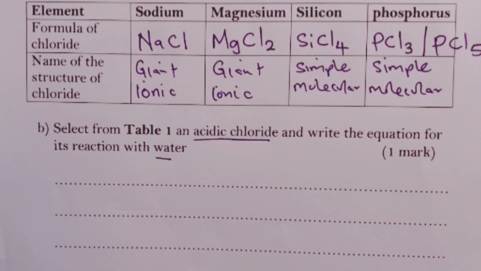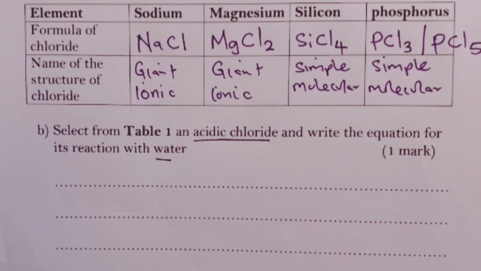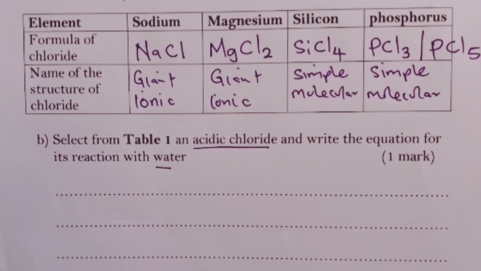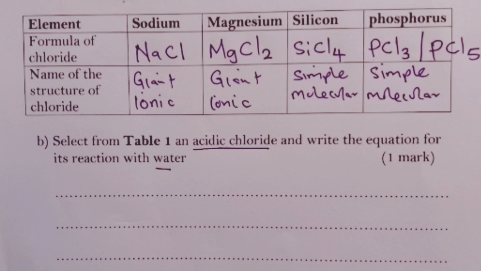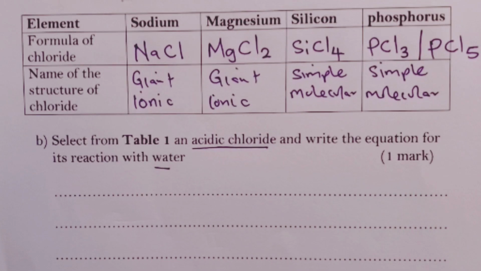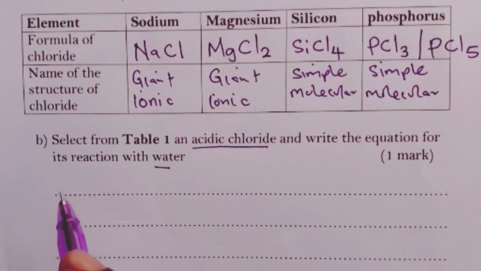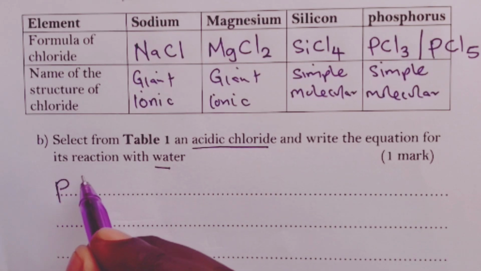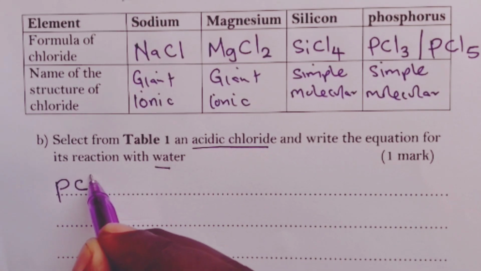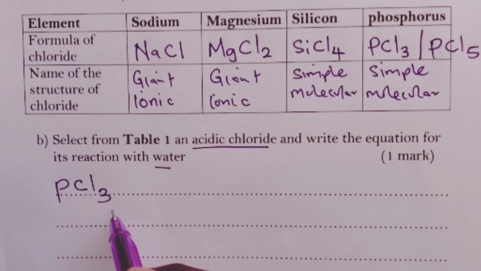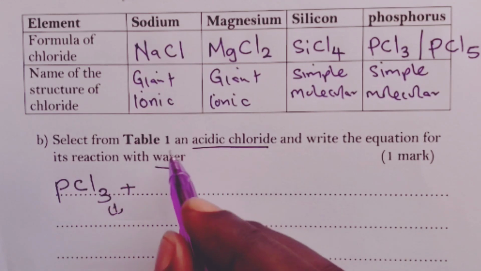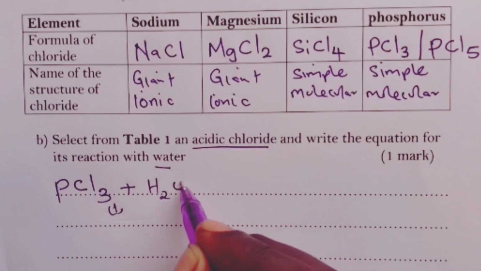So a student could go for any of those 3 and write the equation for their reactions with water. But for purposes of this demonstration, we shall write for all of them, beginning with phosphorus(III) chloride. So it is a liquid being reacted with water.